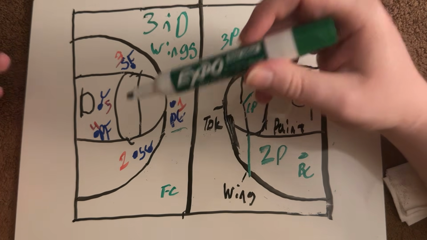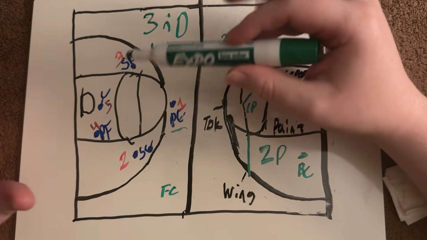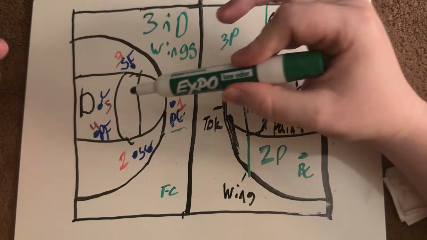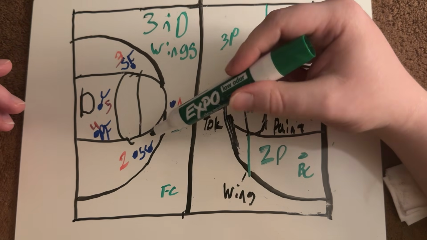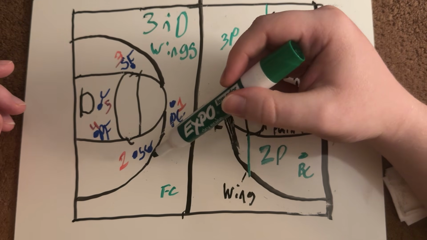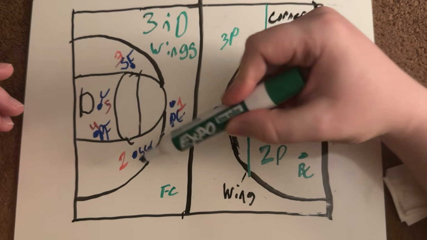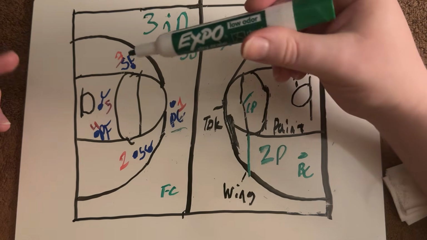Not quite big enough to be a forward or a center, but there are a lot of different archetypes for the wing player. You have your shooting guard types that are more down and in, that like to move into the paint and shoot a lot of layups, that kind of thing.